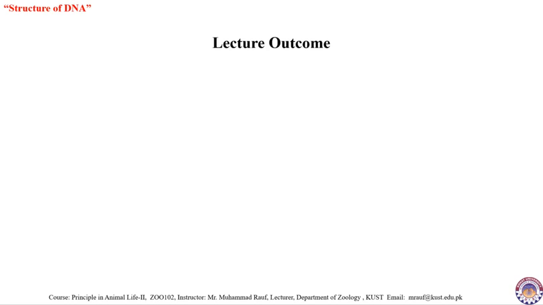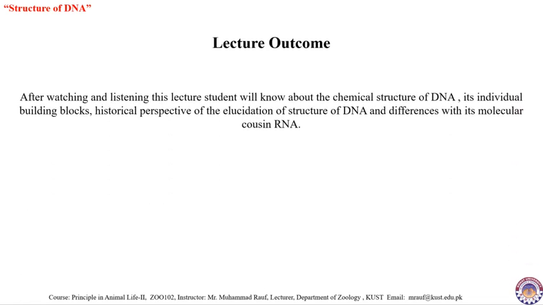Lecture outcome: after watching and listening to this lecture, students will know about the chemical structure of DNA, its individual building blocks, the historical perspective of the elucidation of the structure of DNA, and differences with its molecular cousin RNA.